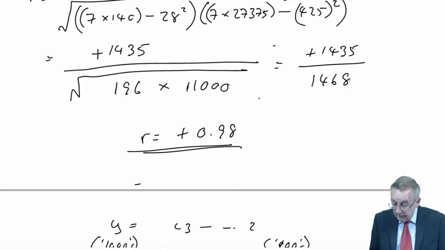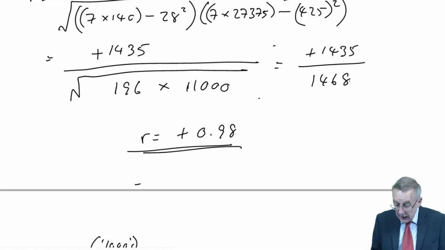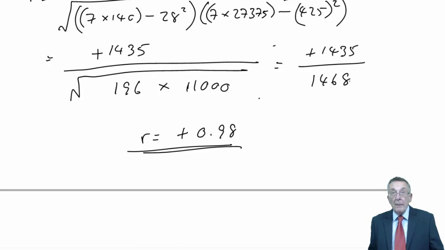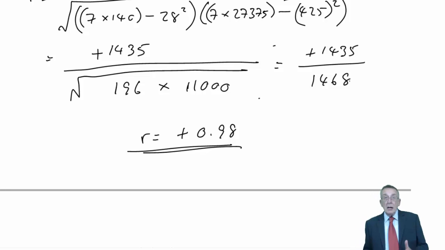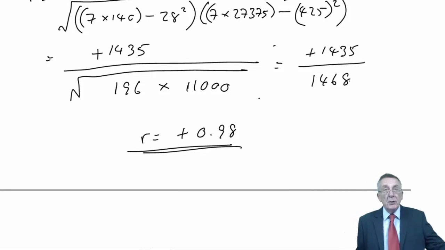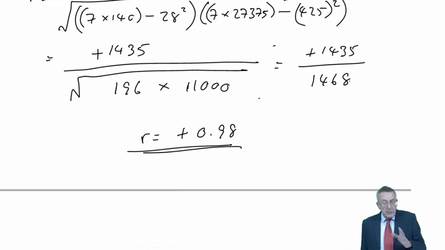Now, for the last time, you will not have to remember that formula. You won't have to calculate R, but you are expected to be able to interpret R. You could be given an R and expected to explain what it means, what the relevance is. And so what I'm about to say is what's important.